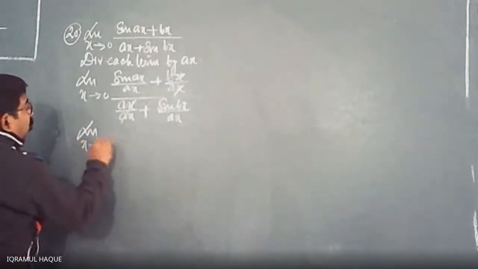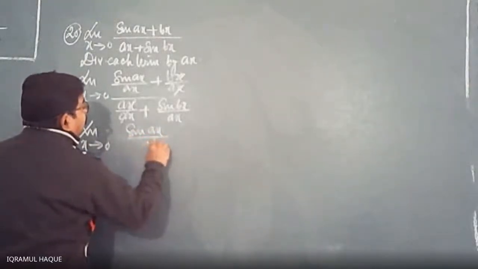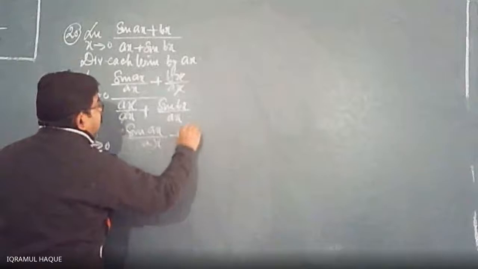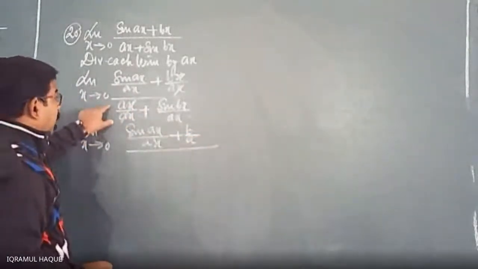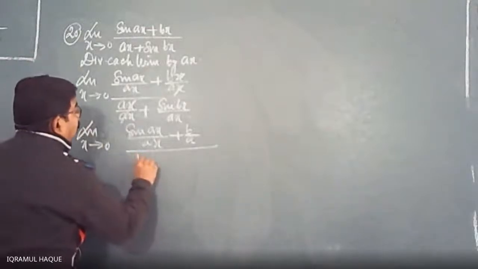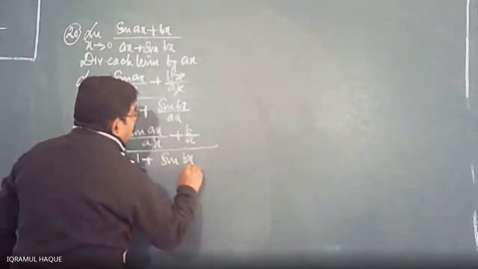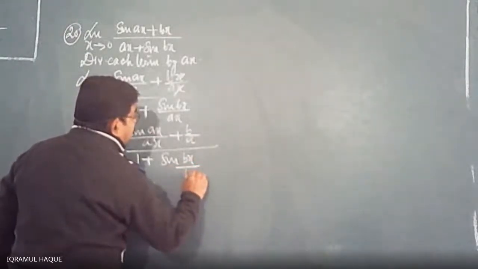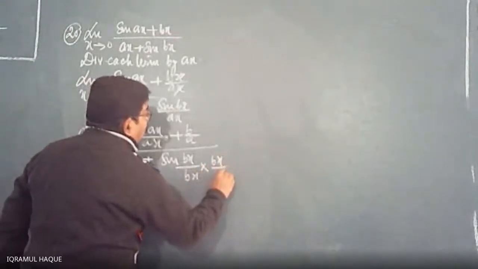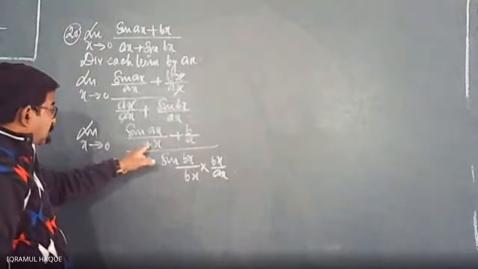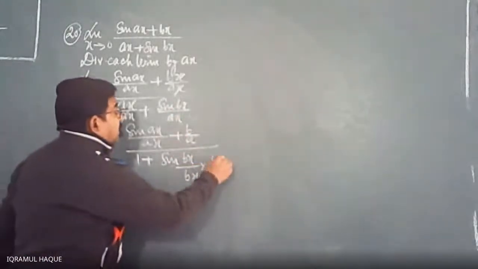Limit x tends to 0, sin ax upon ax plus b upon a, upon 1 plus sin bx upon, multiply this by bx and divide this by bx. So bx upon ax is left here. This ax comes here and bx multiplied by bx, this x and x will go.